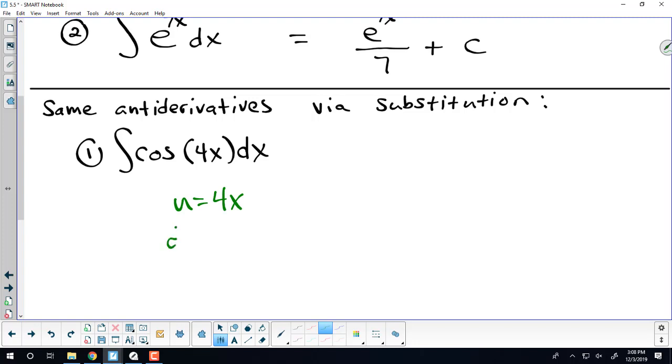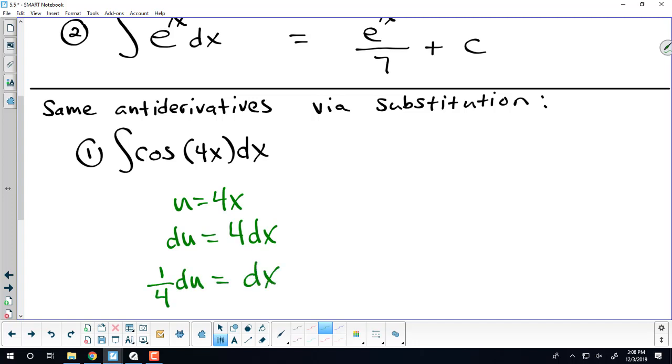But the fact of the matter is when you're doing u substitution and you're off by a constant, that's totally fine. Because what happens to this constant, we don't have a 4dx present in the original integral, so all we're going to do is just divide or multiply both sides by a fourth.